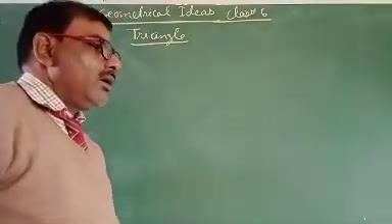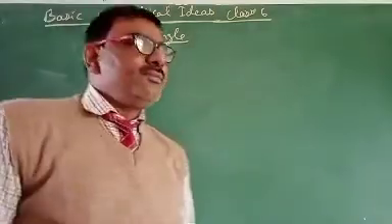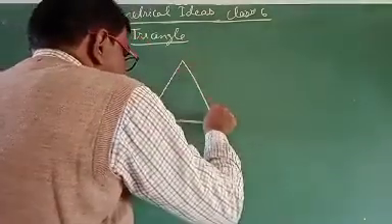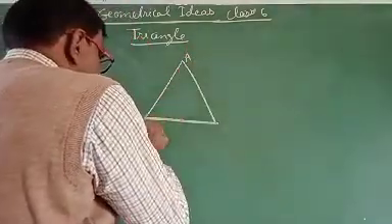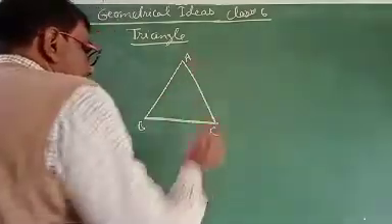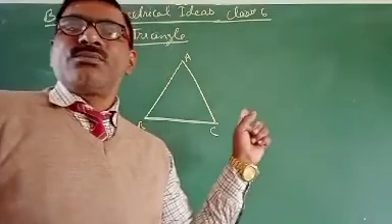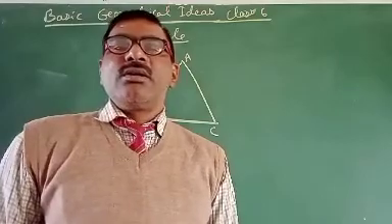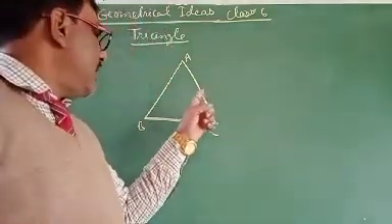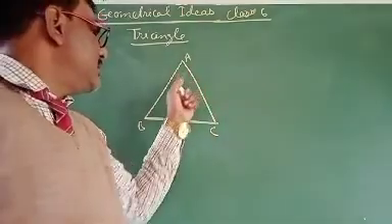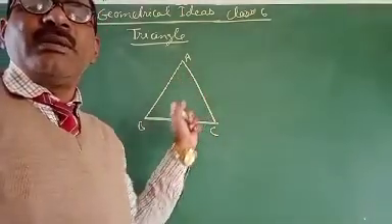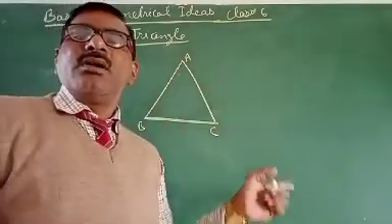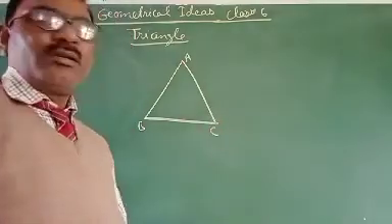Or simply, if you draw a figure like this, a triangle is formed. This is line segments AB, BC, and CA. This is a closed figure. So we can say a triangle is a closed figure formed by three line segments. Here the figure ABC is formed by line segments AB, BC and CA and is closed. So this is called a triangle.